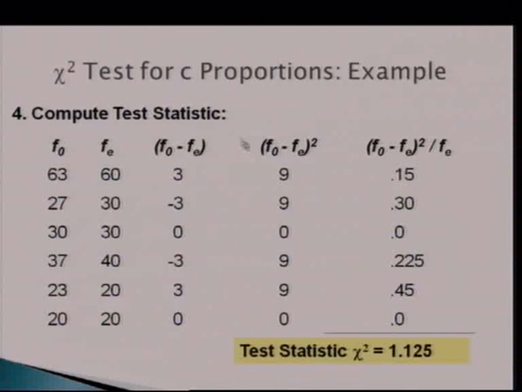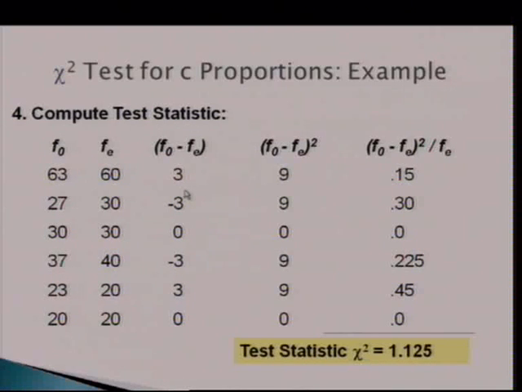Now for the chi-square test, we require the summation of (f0 minus fe) square by fe. So we can take a table like this one. We record the f0 in one column, the corresponding fe from the second table. We bring this. Correspondingly we will write 63, 60, 27, 30, 30, 30, 37, 40, 23, 20 and 20, 20.